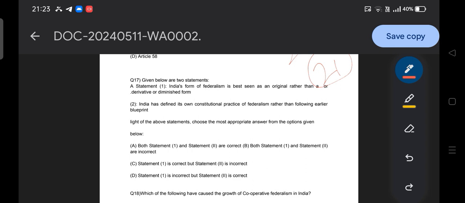Although there is a tendency to consider it a Canadian model, our federalism is something different, where sometimes there is a division of power between the center and states, sometimes a unitary bias, and sometimes fighting between the states, for example interstate disputes, boundary disputes, and financial grants from the center to the states.